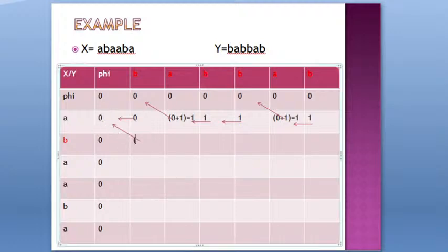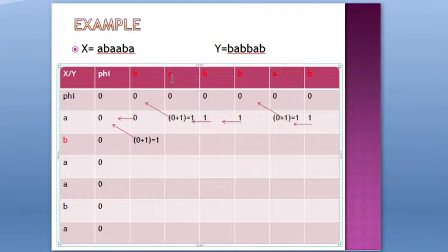The diagonal element is 0, then I will perform +1 because the characters matched. So 0 plus 1, which is 1. As B matched with B, I put 0 plus 1, where 0 is the diagonal element of B. Okay. Now next, B with A. It is not matched.